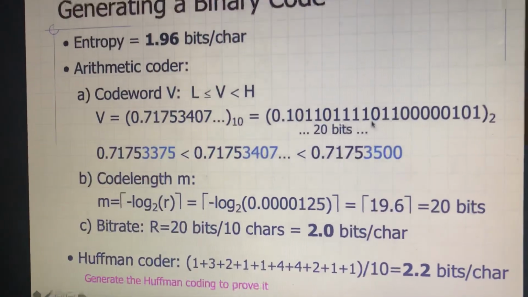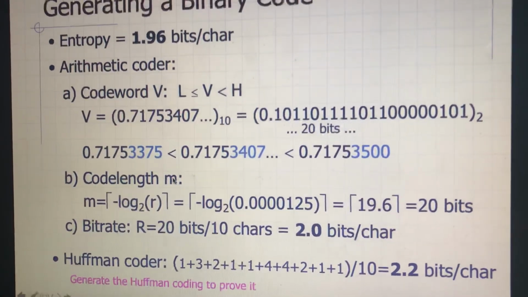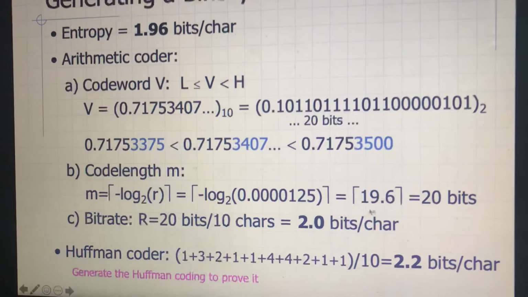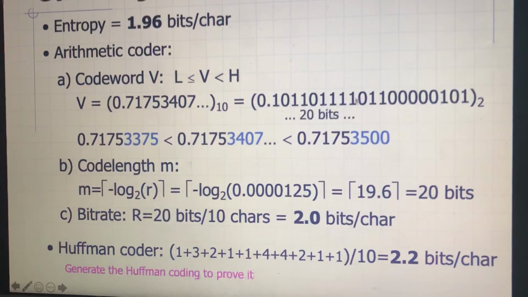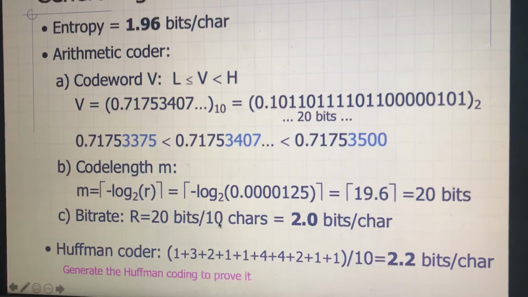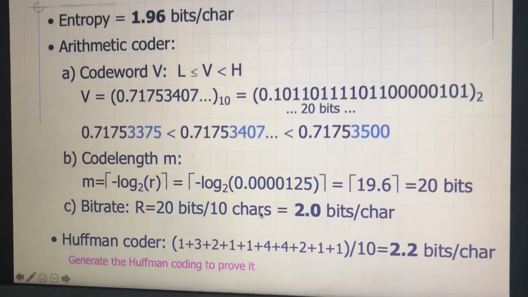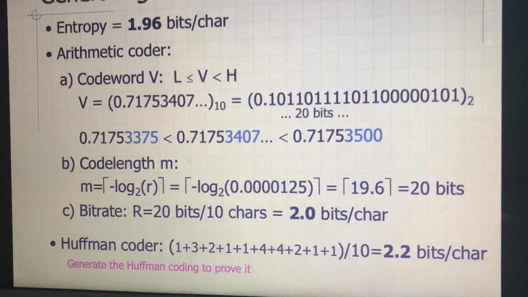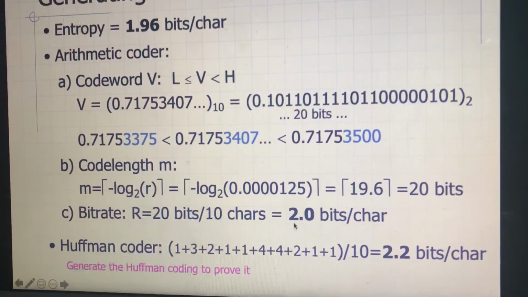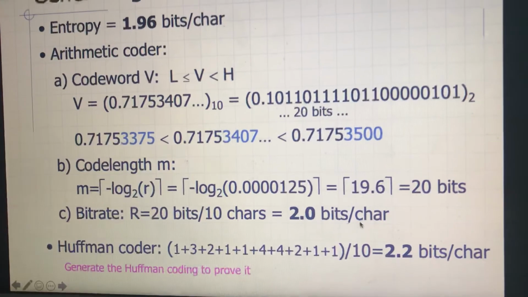So the code length M is 20 bits. So the bit rate is 20 bits divided by 10 characters. The 10 characters is the Swiss miss. Then you will get the bit rate of 2.0 bits per character.